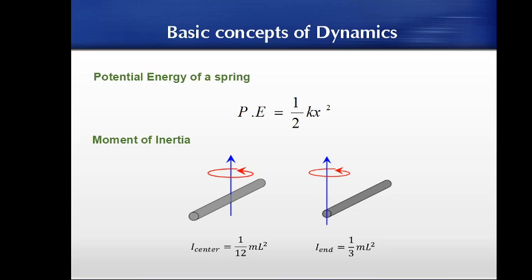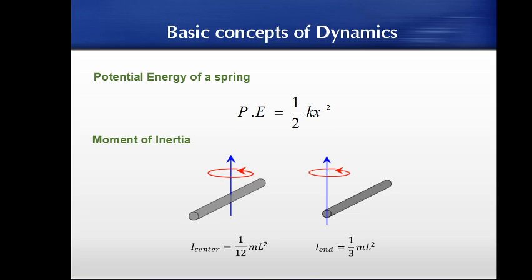If the moment of inertia is taken about the center of the rod, then it is defined as I center equal to 1 by 12 m l square. And if the moment of inertia is taken with respect to one fixed end of the rod, then I end is equal to 1 by 3 m l square, where m is the mass of the rod and l is the length of the rod.